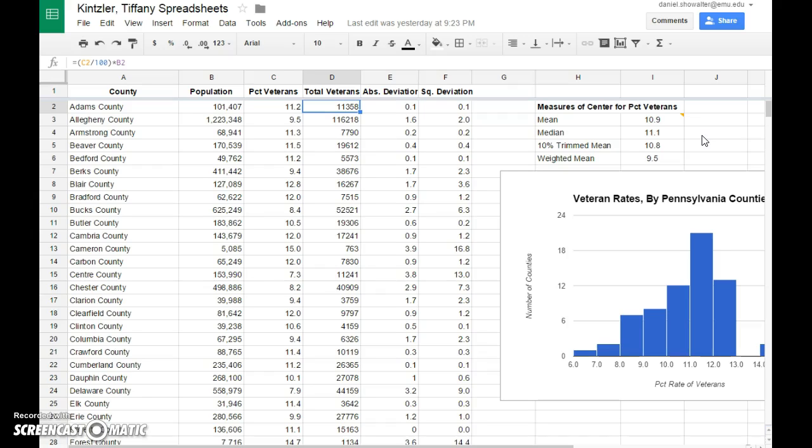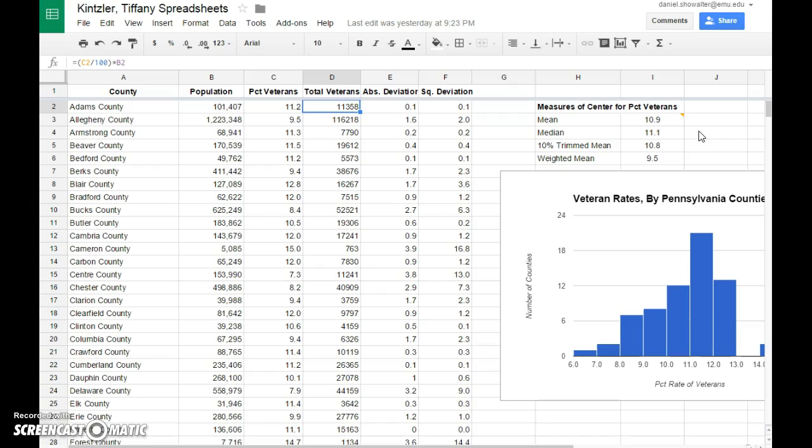Typically, when we have a symmetric data set, we would probably prefer the mean. If we have skew towards either direction or have some major outliers, the median is going to work better. But you can see here there's not a lot of difference. About 11% is what the central county average for veterans is.